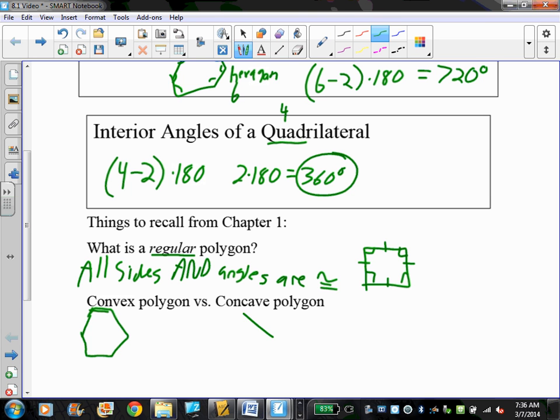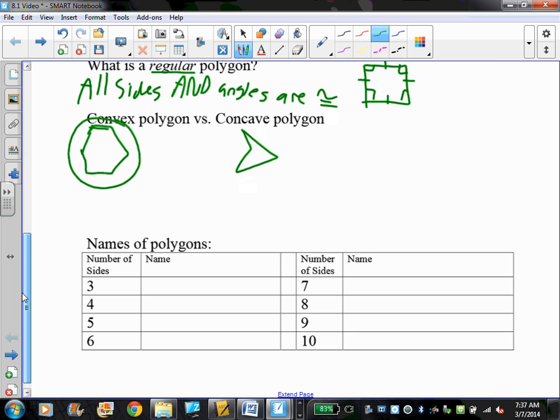Concave could be something like this, where some of the angles are jutting out, but you have an angle or two or more that are going inward. Most of the things we're going to be talking about are convex, so that's what you should be focusing on. Basically, your stereotypical polygons that you've seen when you first learned about them, especially the regular ones.